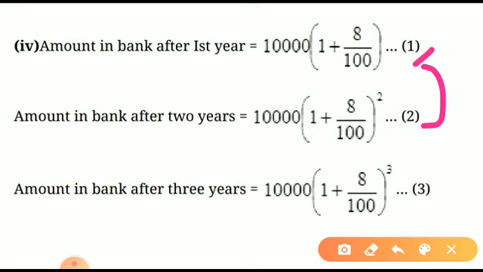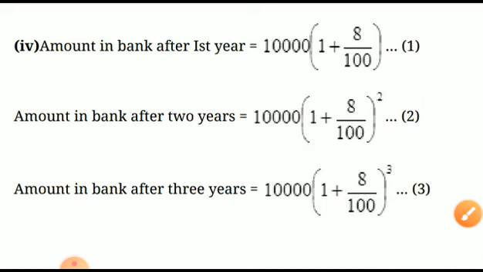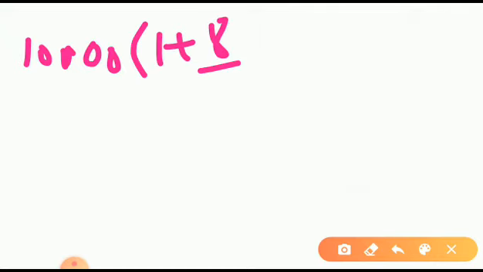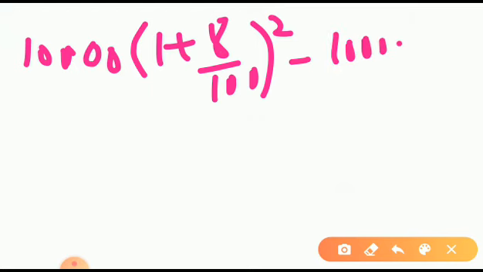So, second term minus the first term. What will I get there? Just see whether this term is the same. Only here you have bracket square. So second term minus the first term gives 10,000 into 1 plus 8 by 100 bracket square, minus 10,000 into 1 plus 8 by 100.